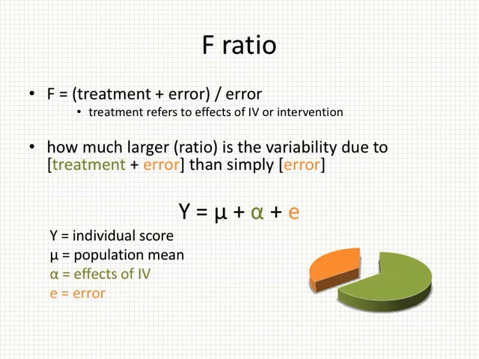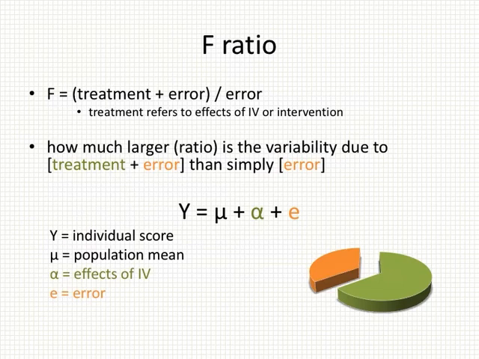Okay, so the F ratio is the ratio between the treatment and the error together, divided by the error. Does that make sense? So it is the variance of the treatment and the error divided by the variance of the error.